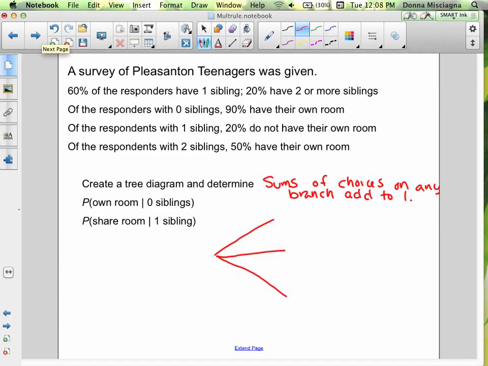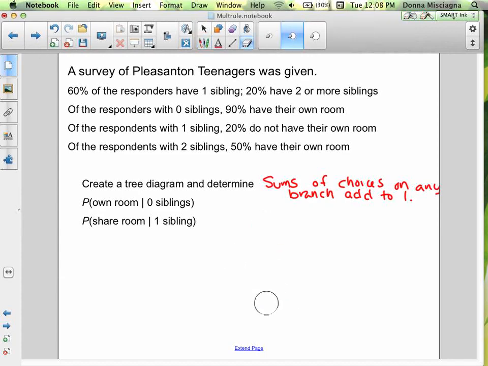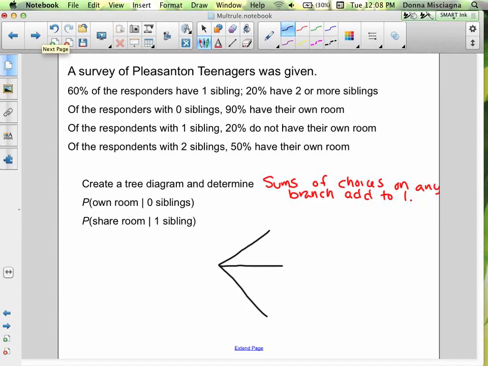Let me make that a little bit bigger, I'm known to sometimes run out of space. There we go. So we have 3 choices here: 0 siblings, 1 sibling, 2 or more.